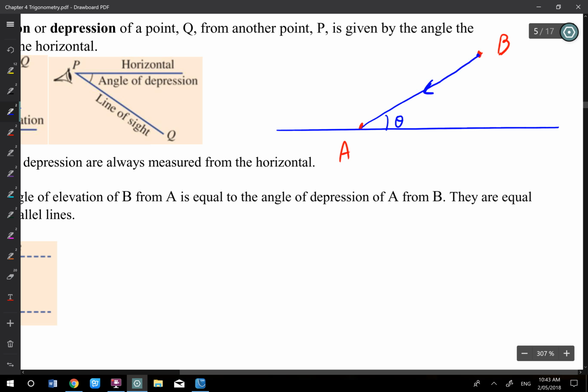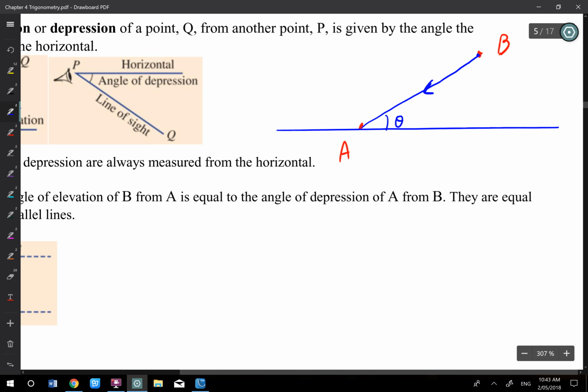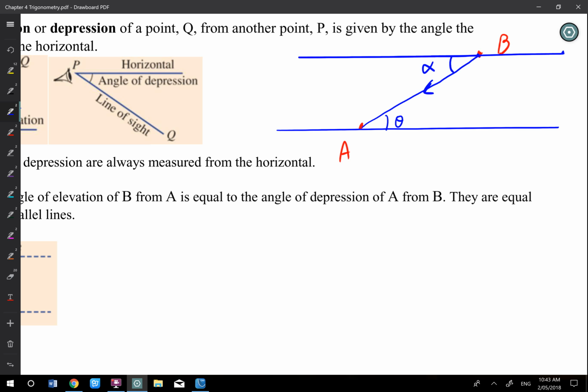This is called the angle of depression. It's still the same line and still makes an angle with the horizontal. This angle, let's say alpha, is the angle of depression from B to A.